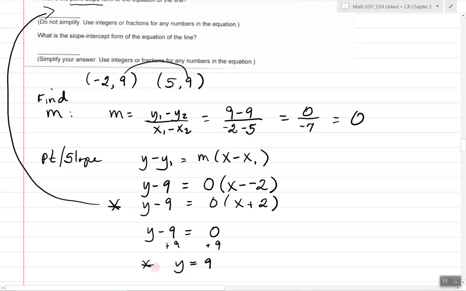And it would have been quicker to stop right here and say, well, if the slope is 0, then this is a horizontal line, and a horizontal line is of the form y equals some constant number. Look at the ordered pairs, and the y value is 9. But MathLab did ask for this point slope, so we had to do it.